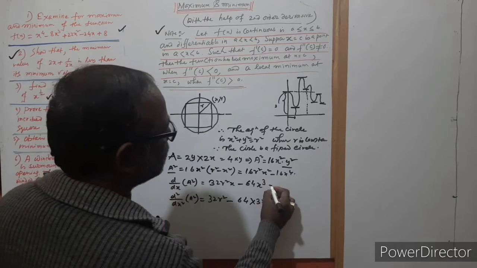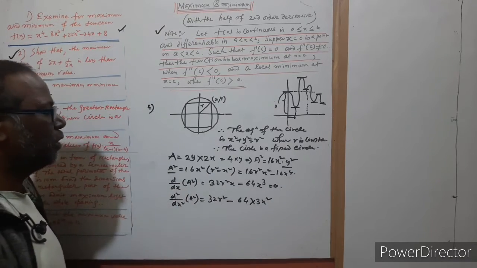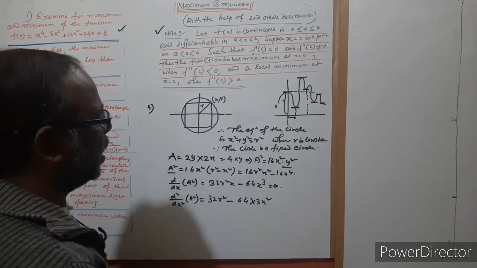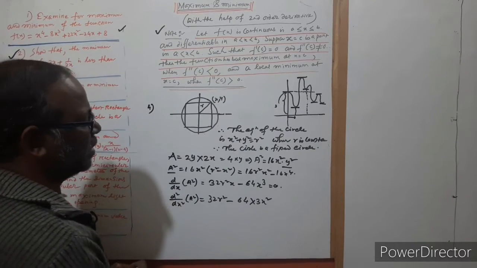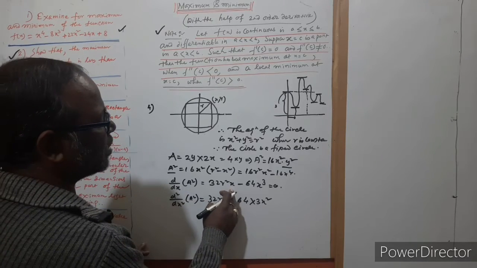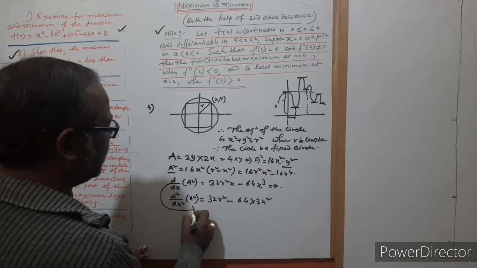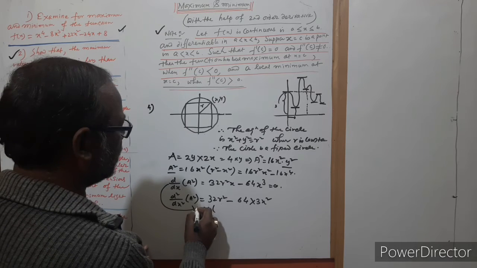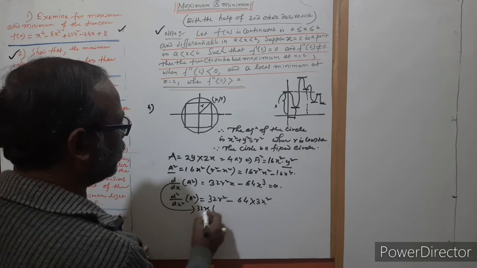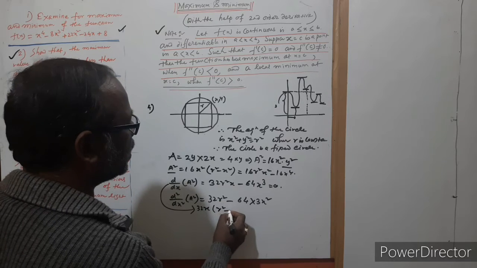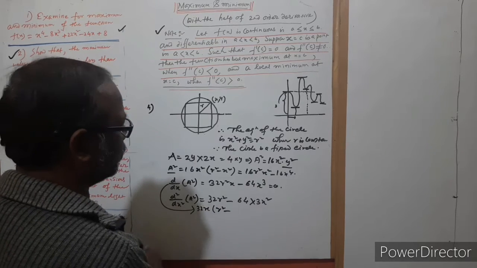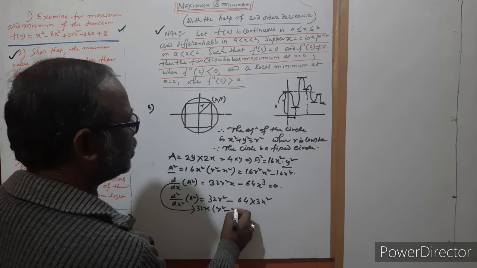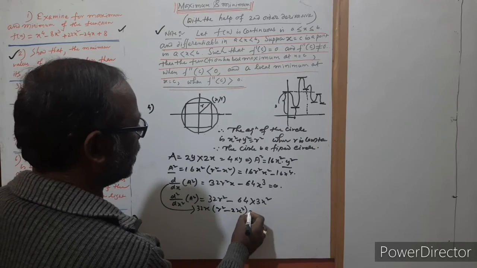Okay, now take it as 0, and why we take it as 0, we have discussed in the previous problem. If we take the first term to be 0, then what happens here? We take 32 common, so there is r square, and now 64 by 32 is 2, so r square minus 2 x square is here, okay?